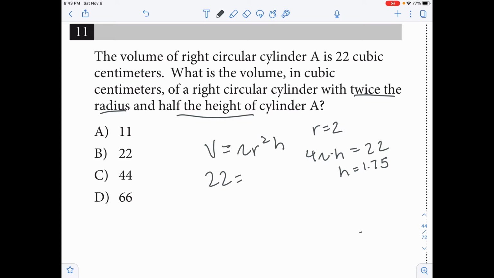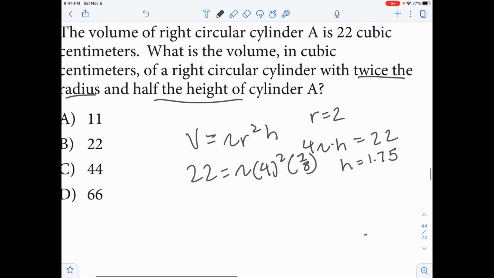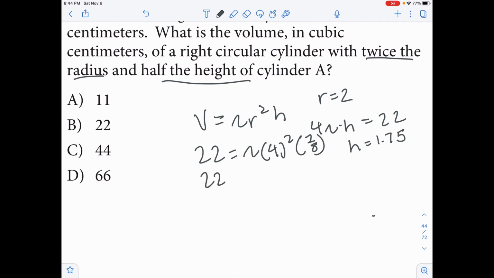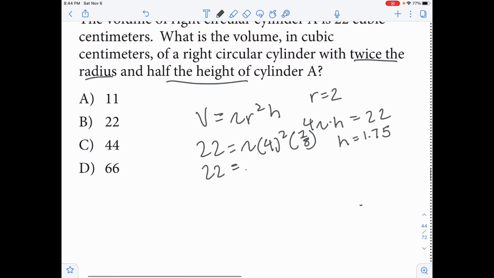So then I'm going to do the same thing, except multiply the radius by 2, so 4 squared. And then I'm going to divide the height by 2. So 1.75 divided by 2 would be 7 over 8. So 16 pi times 7 over 8.